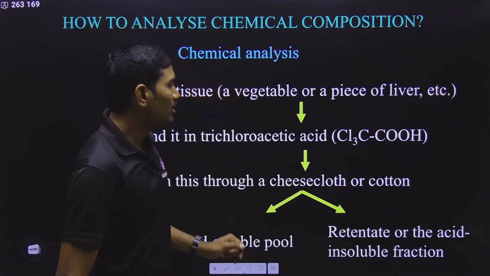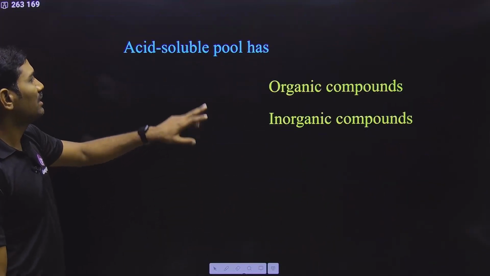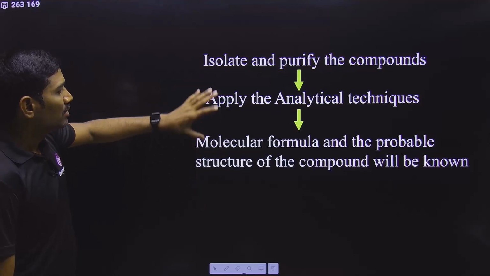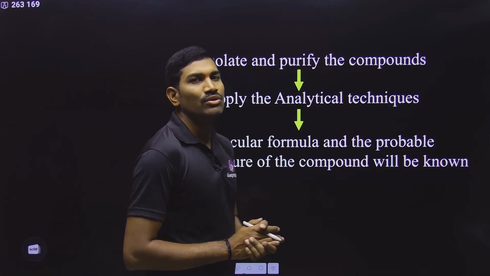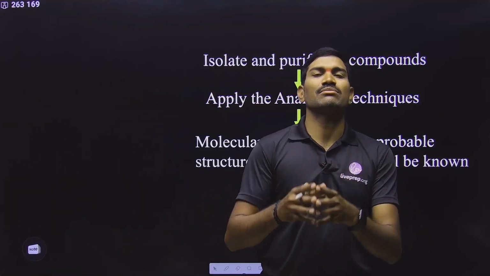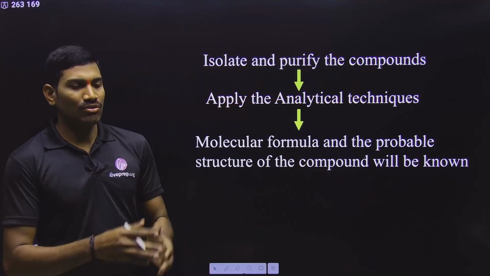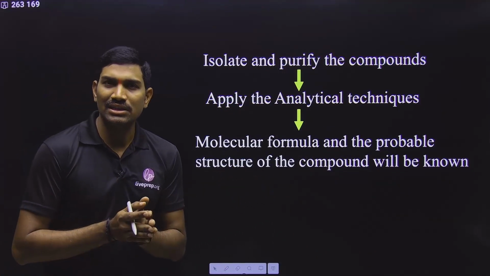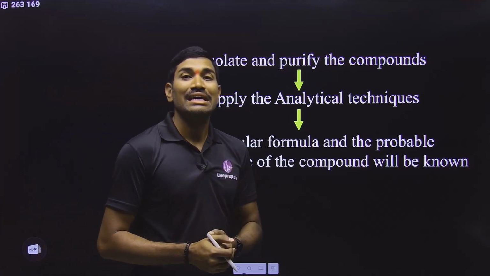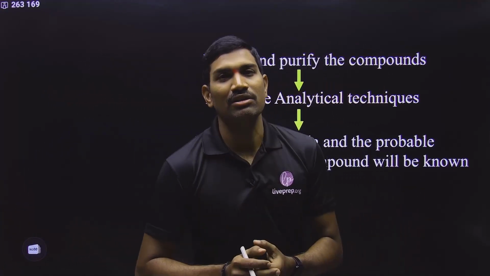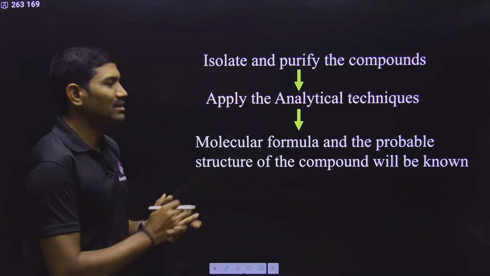Clear? Now come to this. This is the process, and I have explained it very clearly. Next, what do we need to do? Once you get some compounds in these fractions, separate all these components from each other and then use chemical and physical techniques, and finally you can get the structure of these components.